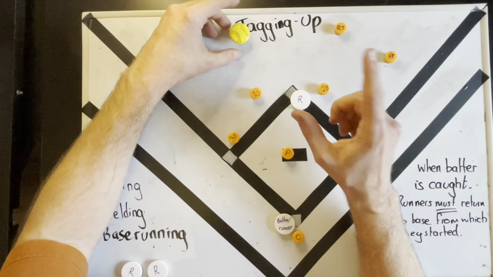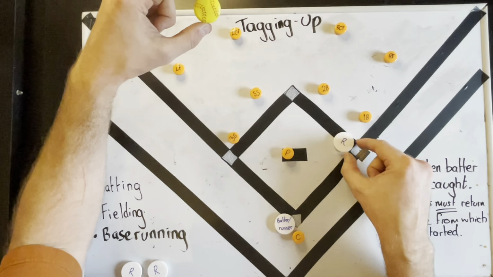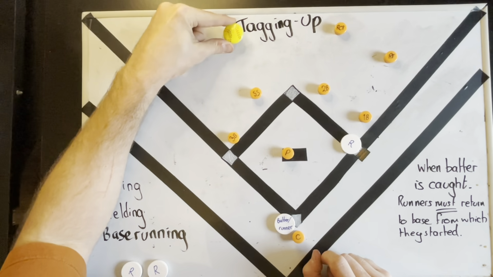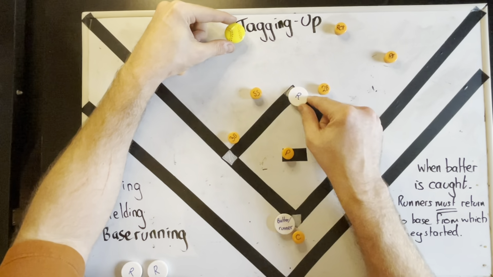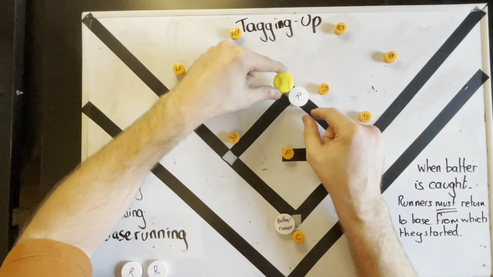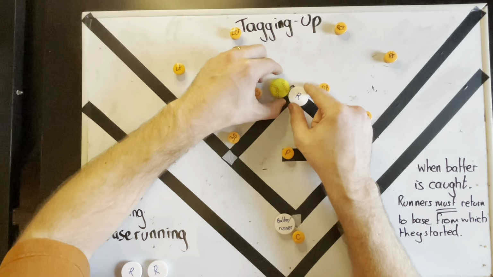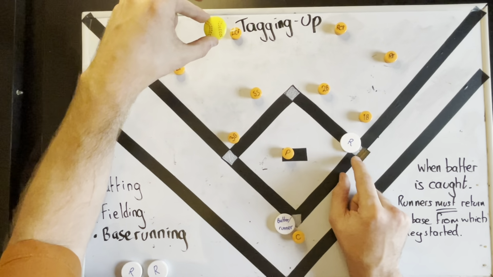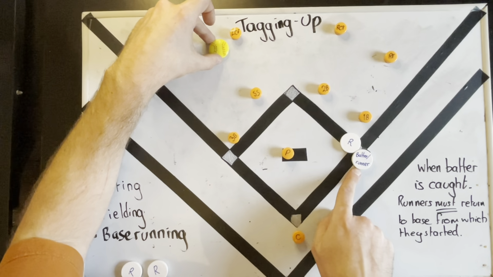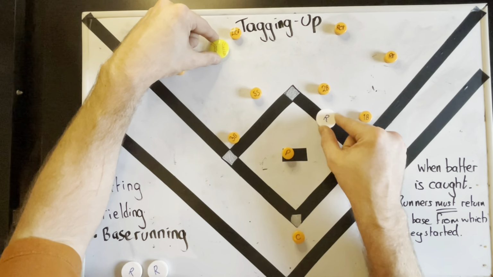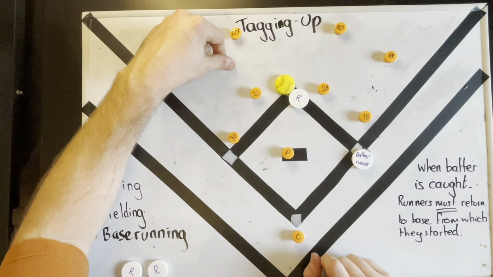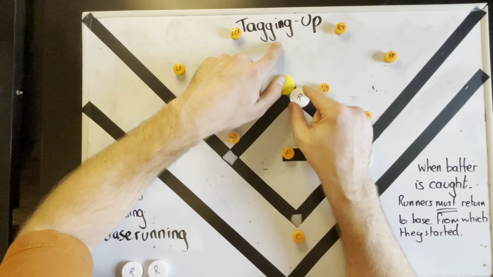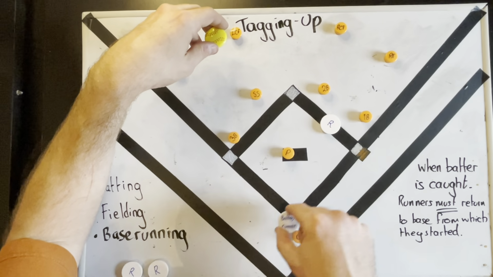You could, rather than going halfway, wait on first, wait for it to be caught, and then run. And then it's a race to tag you out at second base. However, the disadvantage of doing that from first base is that if it drops, you've now got two people on that base, and now it's a race to second base. And since you're running into the field, it's unlikely. So you're never going to do the tag up play from first.